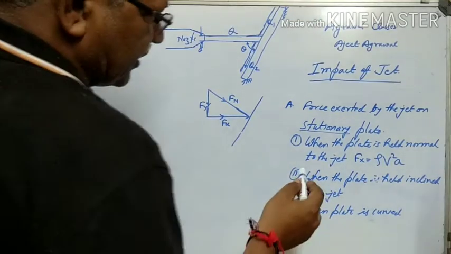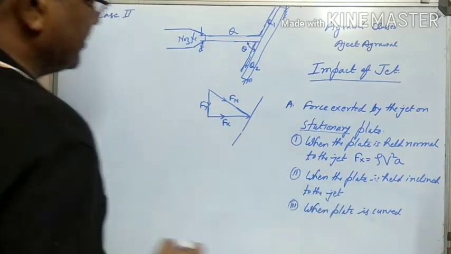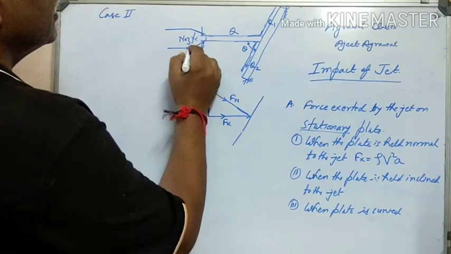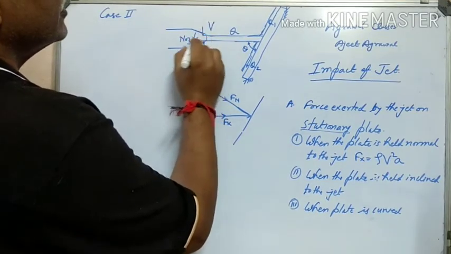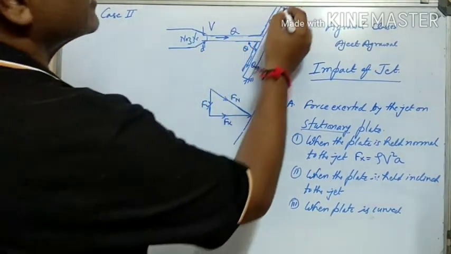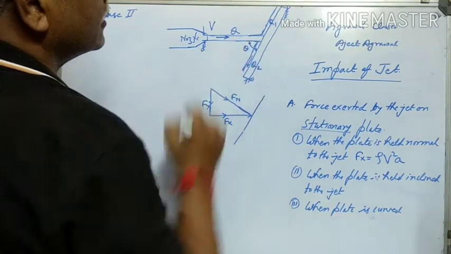Now we will consider case 2, when the plate is held inclined to the jet. Here we have a nozzle, and a high velocity jet with a velocity of V is coming out from the nozzle and striking this fixed plate at an angle of theta.